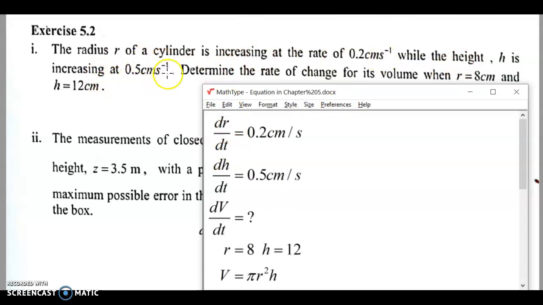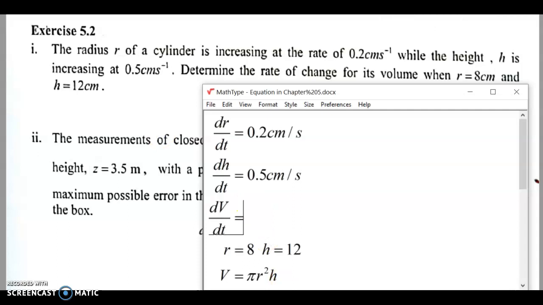The cm here is the height and second here is the time, so that is dh/dt. And they want us to find the rate of change of the volume, hence it is dV over dt. When r is 8 and h is 12, so r = 8, h = 12, and we have a cylinder here, so the formula of a cylinder is this, right?